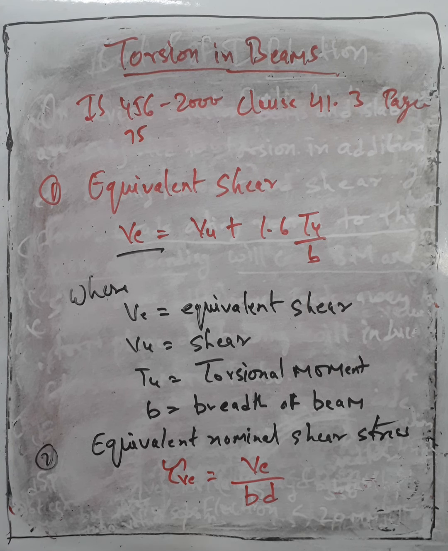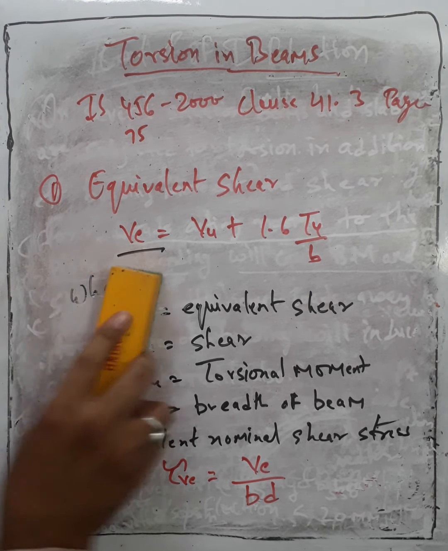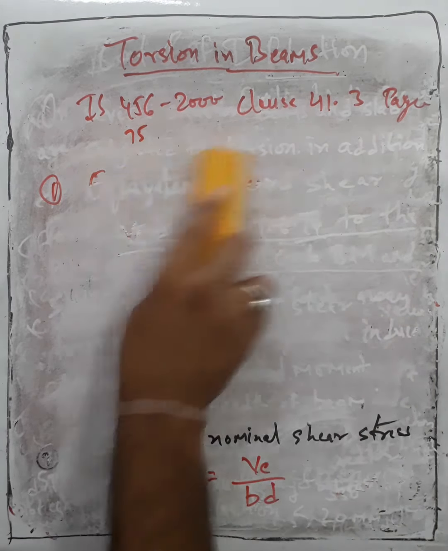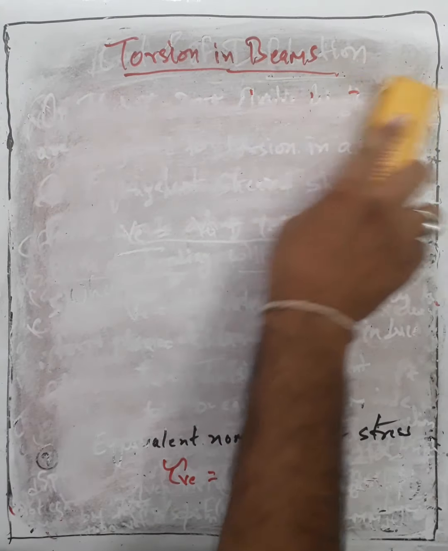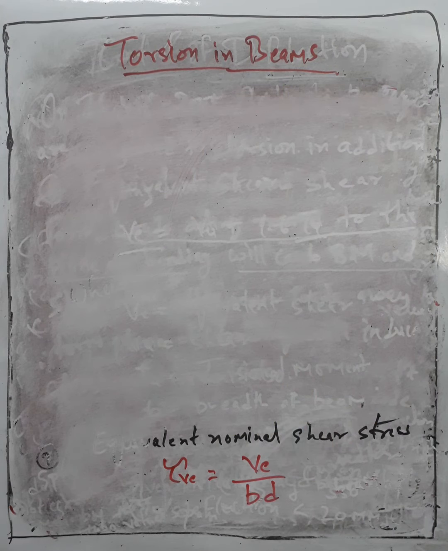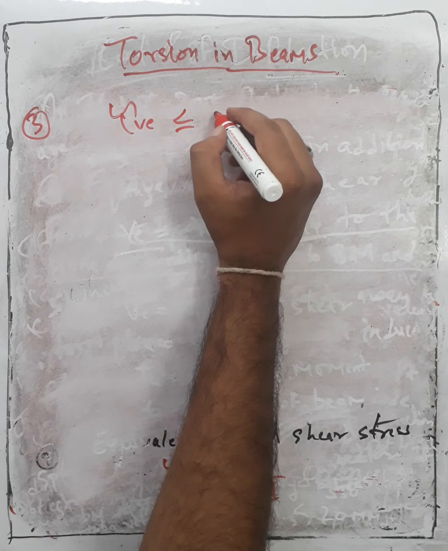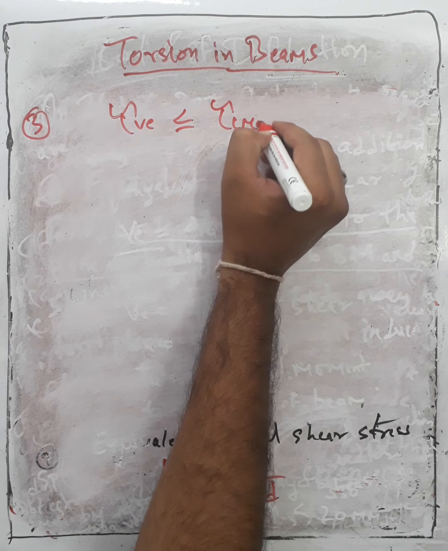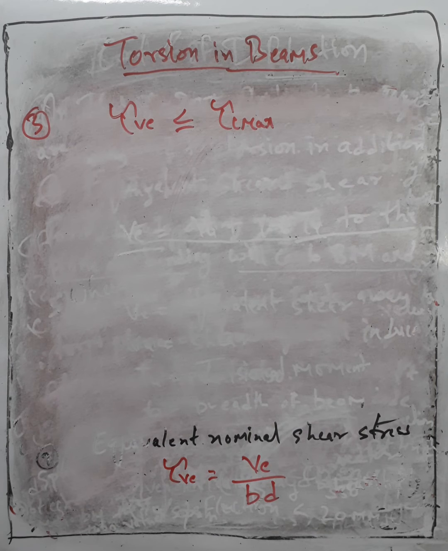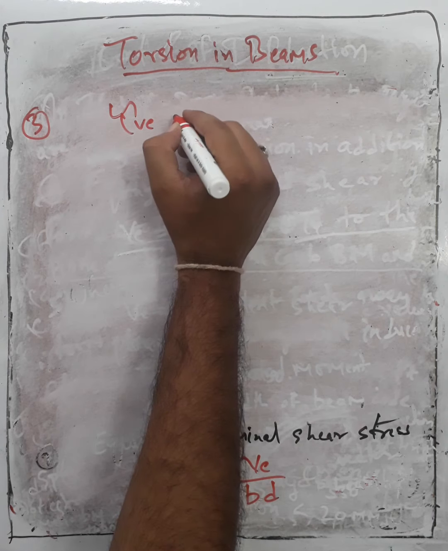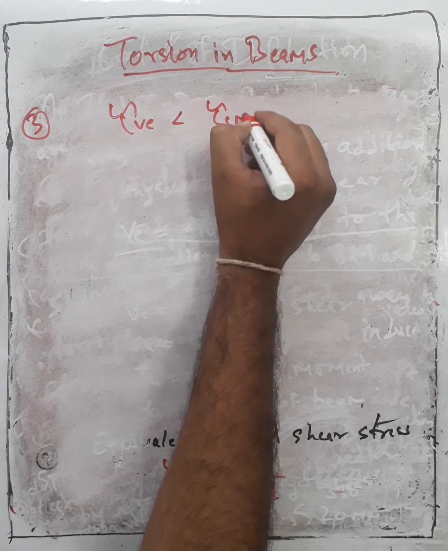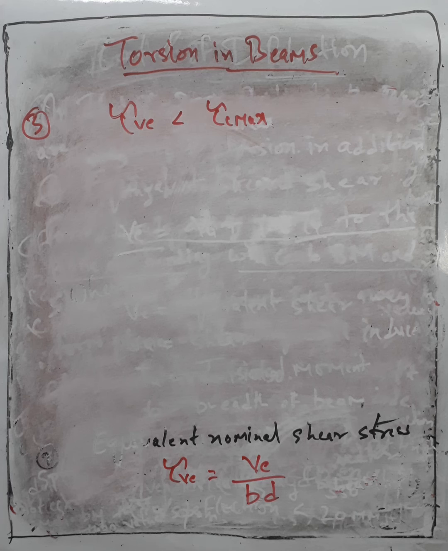After finding this tau VE, you have to check this value. Tau VE does not exceed tau C max, the same value you used in the case of shear reinforcement.